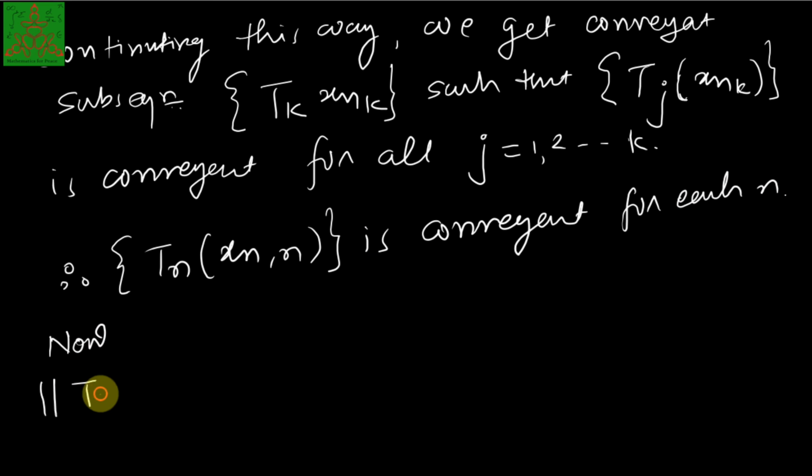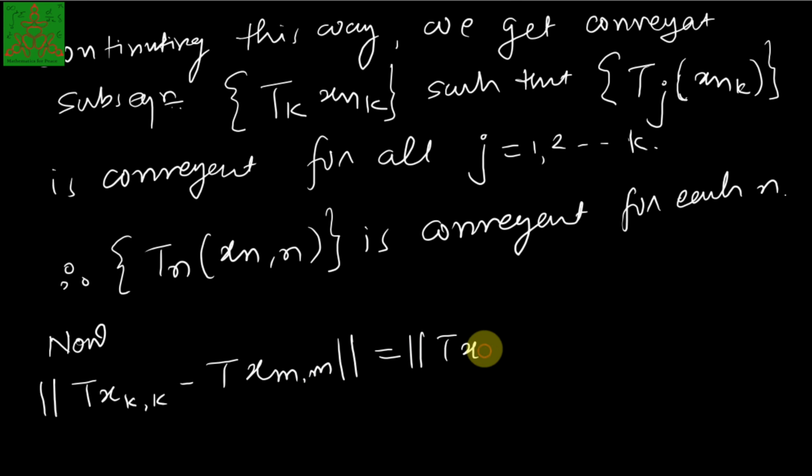I will start with T of x_{kk} minus T of x_{mm}. So I am starting with this subsequence. Now adding and subtracting some terms here. We just observe that this is T of x_{kk} minus T of Tn of x_{kk}. So I can write less than or equal to.